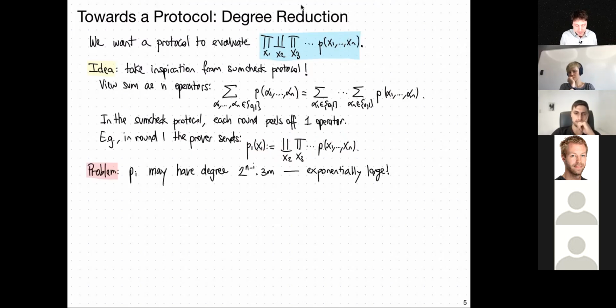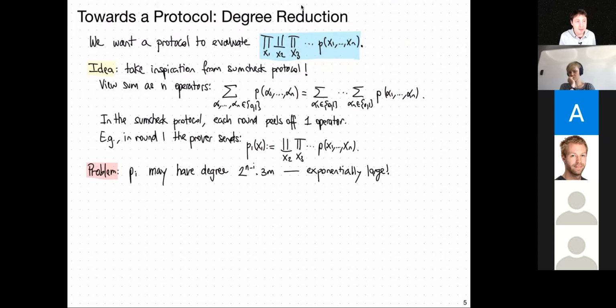But the problem is that, yeah, we could send this polynomial to the verifier, but it may have enormous degree. Because think of x1, for instance. x1 survives every operator from here until the end. And each time you apply one of these operators, which are making some other variable disappear, x1 is going to be multiplied and maybe double its degree, and then double its degree again, and then again.